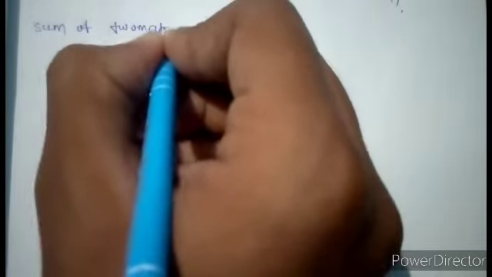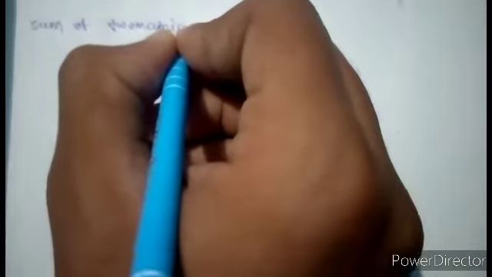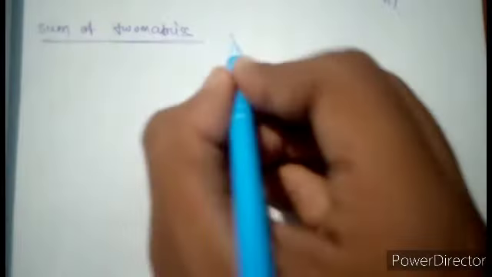Then come to discuss the sum of matrices, the sum of two matrices. What is the condition? The two matrices should be of the same order, then we simply add them.